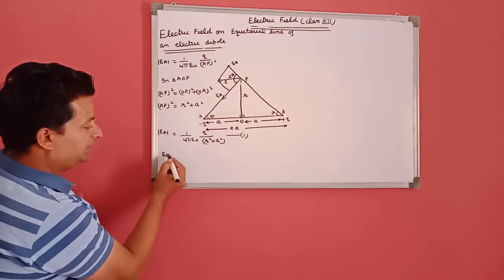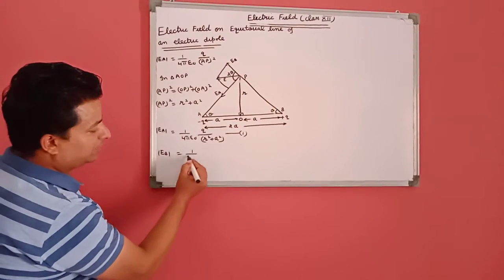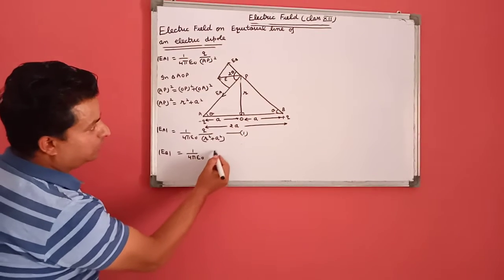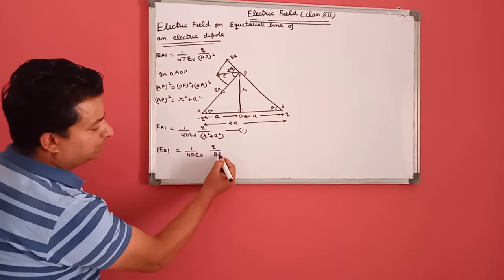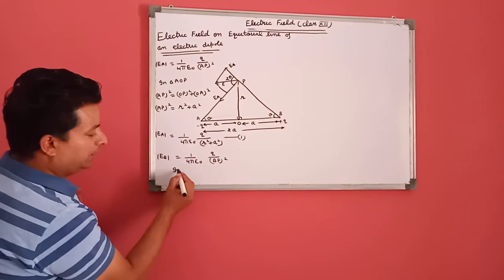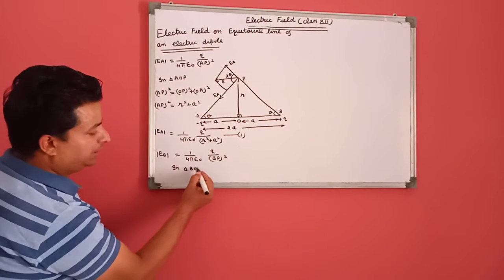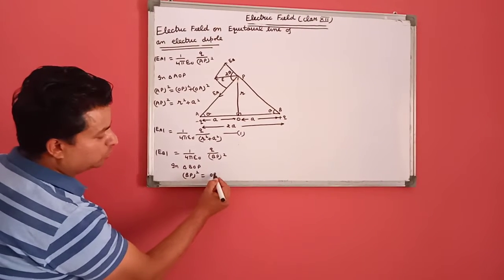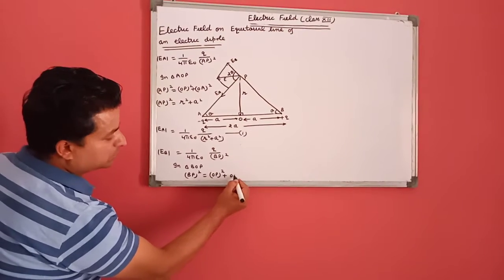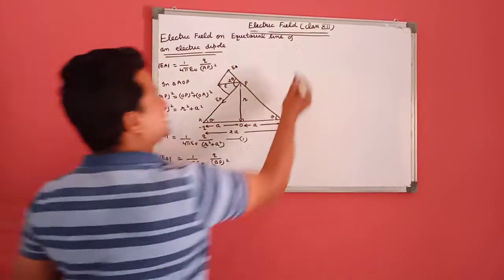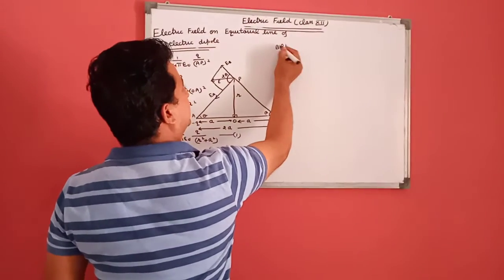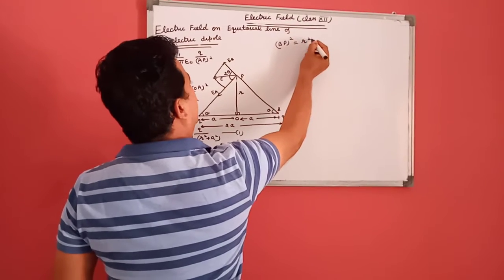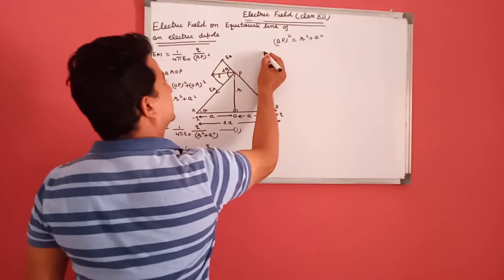And at point B, the electric field is 1 by 4 pi epsilon naught q upon BP whole square. In right angle triangle BOP, BP whole square is equal to OP square plus OB square. That is, BP square equals r square plus a square.